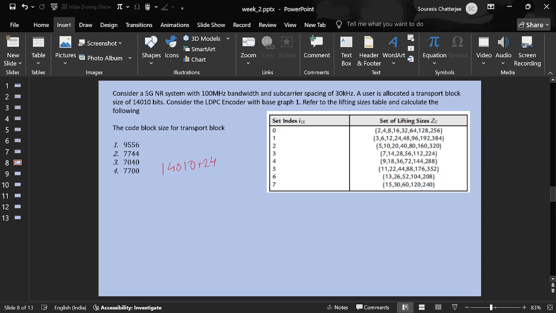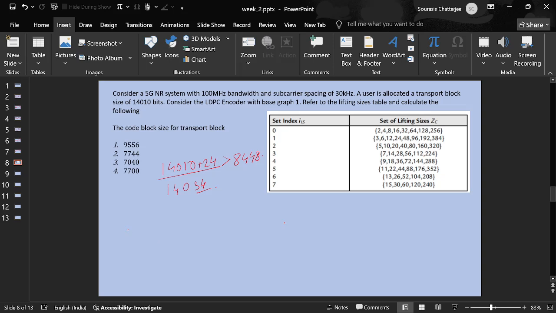Yes. It's going to be segmented because this is greater than 8448, so there will be more than one code block. Then I need CBCRC. Fine. So this transport block plus CRC is 14034.